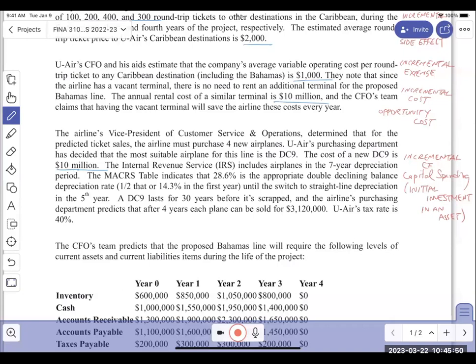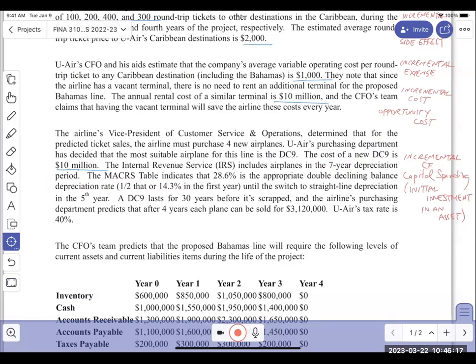In terms of depreciation, we are going to use the 7-year depreciation period for depreciating and claiming a loss for the firm. We're going to use what's called the MACRS table.